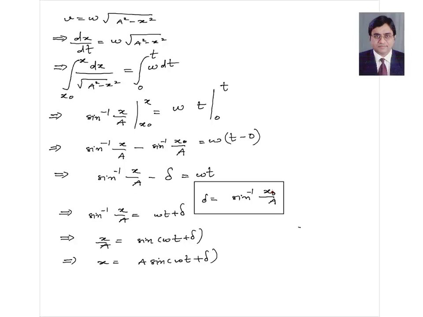And here our particle is not performing circular motion. Our particle is performing linear motion only. But maybe somebody else is performing circular motion. And that thing which is performing circular motion is not a particle, but is something that we visualize.